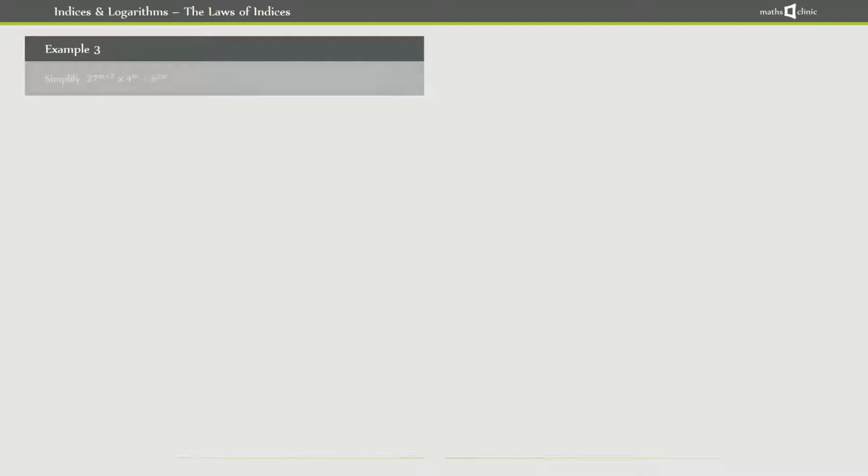Example 3 says simplify 27 to the power of m plus 2 multiplied by 4 to the power of m, divided by 6 to the power of 2m. Interesting. Now, something about this question is obviously we have different numbers here, but my oh my, they don't seem related in any way.